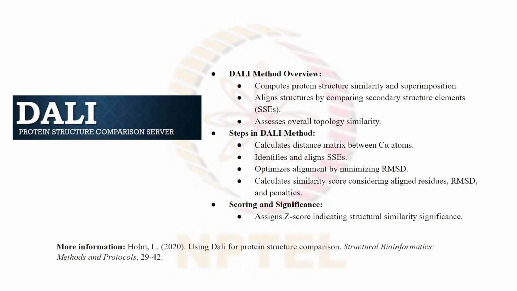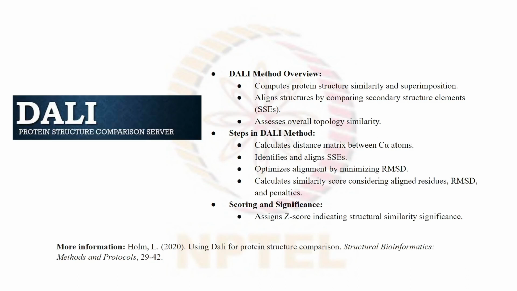So we have a method, DALI, which stands for distance matrix alignment, a computational algorithm for comparing and superimposing protein structures. This method compares structures by aligning their secondary structure elements and assesses the overall topology similarity. We have seen the least square method, which overlaps C alpha atoms and then checks the overall similarity in topology.